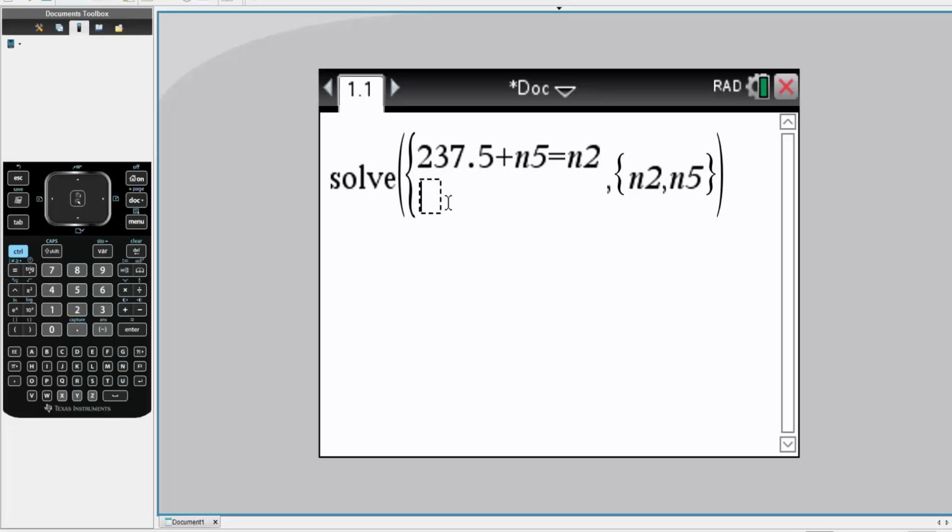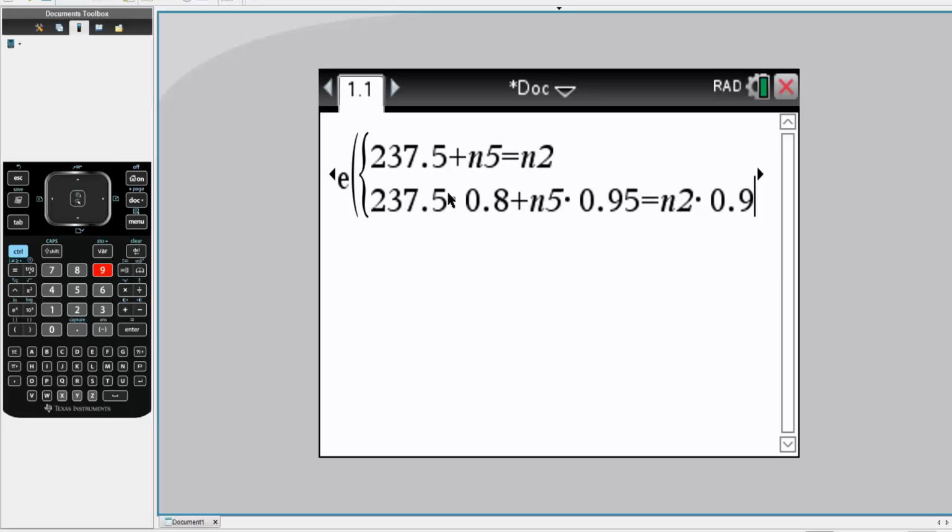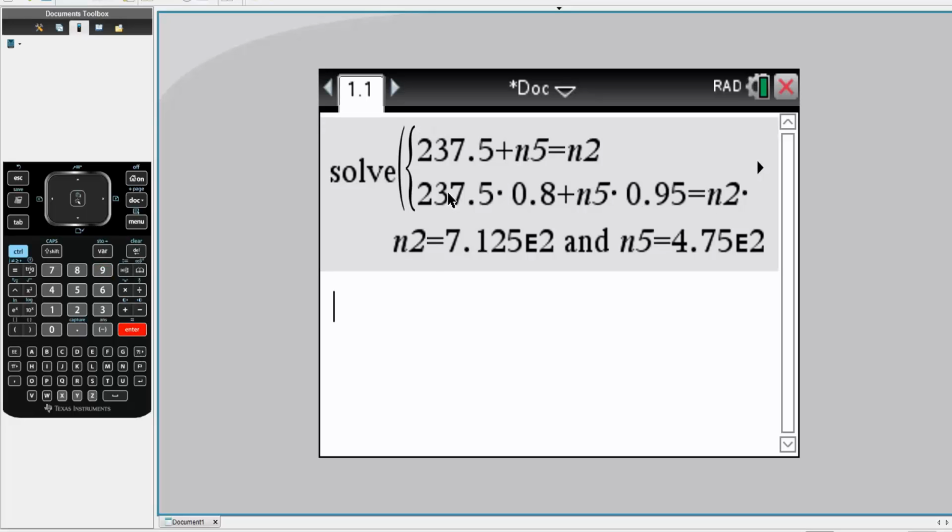First equation. Next, 237.5 times 0.8 plus N5 times 0.95 is equal to N2 times 0.9. We hit enter. So we get N2 is 712.5 and N5 is 475.